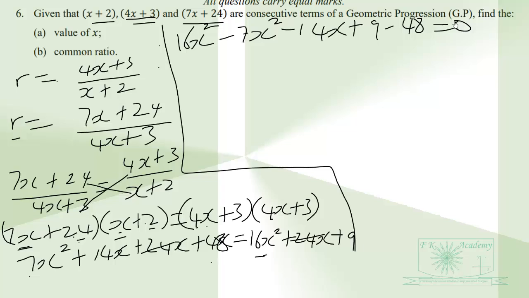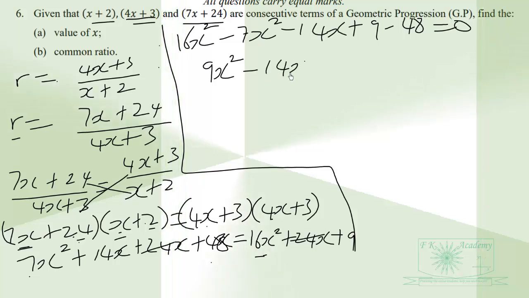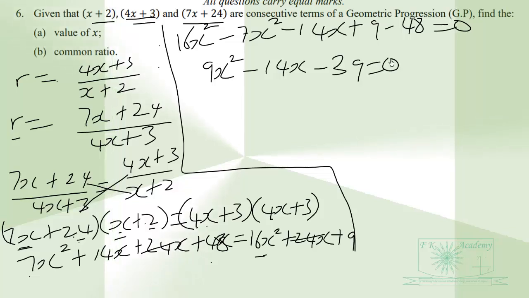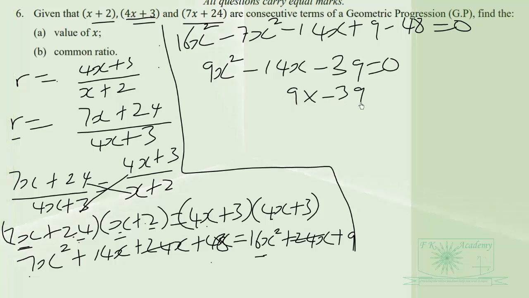So we have 9x squared minus 14x minus 39 is equal to 0. So we have to multiply 9 by negative 39. Then we find the factors. So 9 times negative 39, negative 39 is the same as 9 times negative 3 times 13.